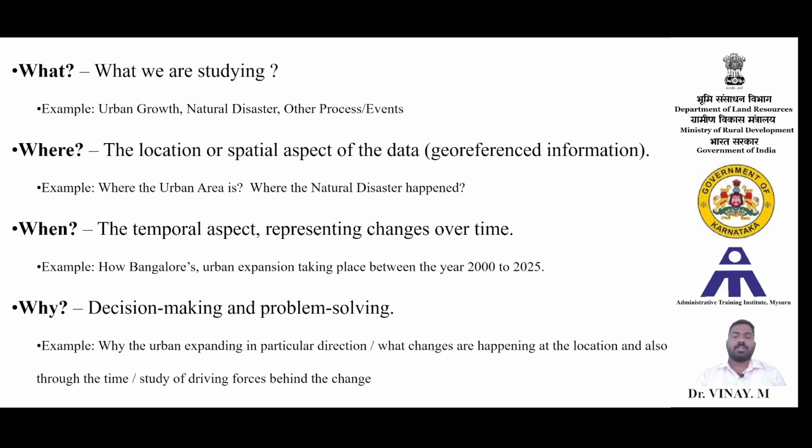So once we have a complete idea about a particular location, then what we need to do is make the decision based on the data. So here, decision making and problem solving: whether we need to restrict a particular urban growth in a certain area or not. If we restrict, then what will be the benefit? So what-if scenarios we need to build based on the data sets.